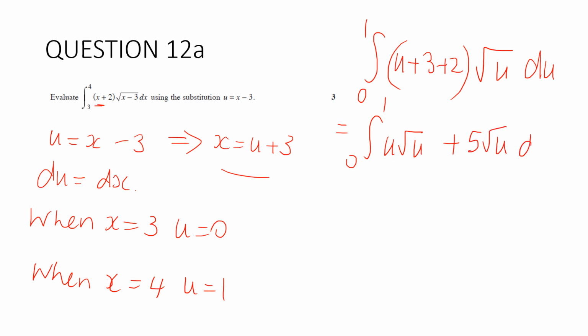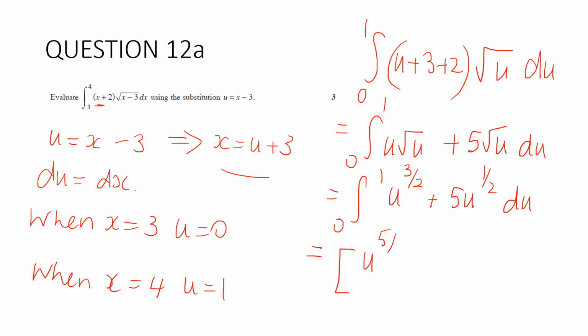All right, change to index form. We've got u to the 3 halves here, plus 5 u to the half, equals u to the 5 halves divided by 5 halves, plus 5u to the 3 halves divided by 3 halves between 0 and 1.